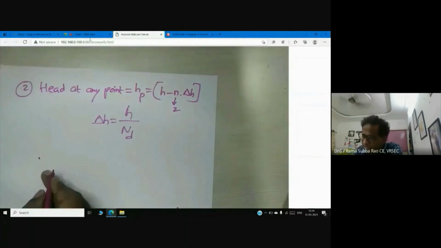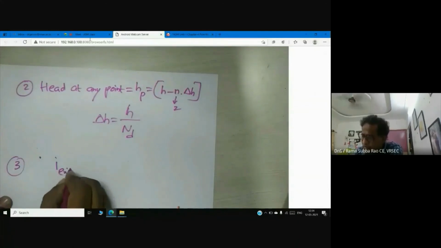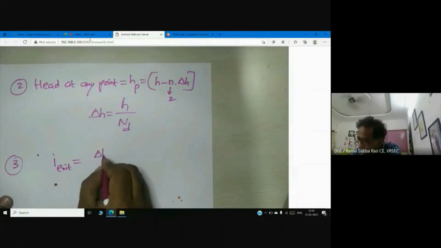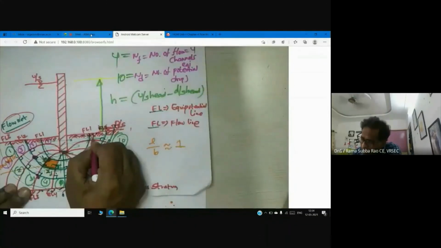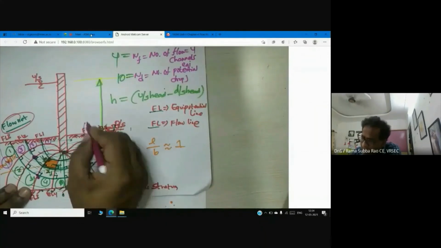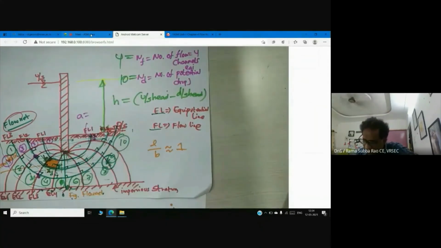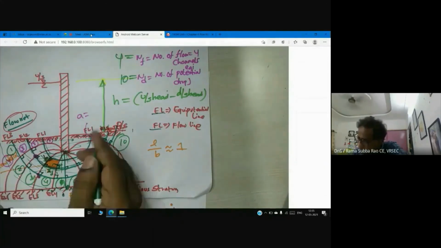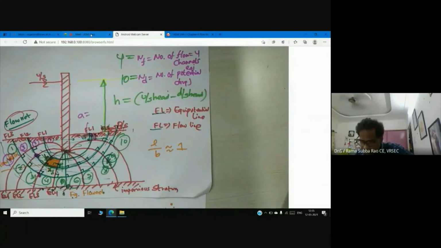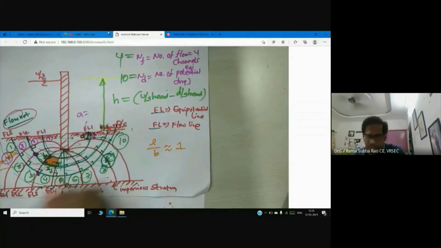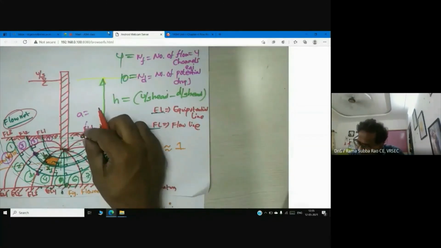Now, exit gradient. Let me tell you, exit gradient means delta H by A. Someone can ask me what is A? A is the average dimension of the last flow field. Here you see, this one is A. I will change the color because otherwise it may confuse you. I am taking care about you people. Let me select another color now. So this is A. A means the average dimension of the last flow field.